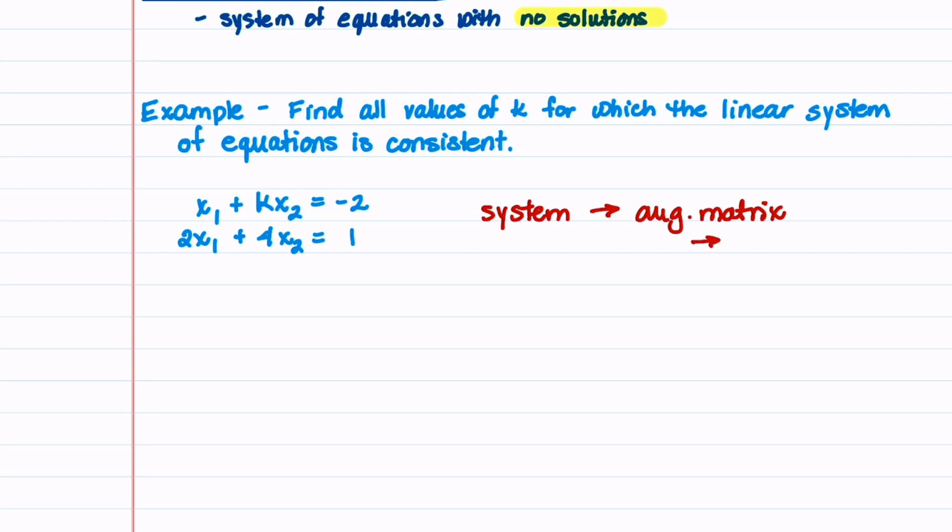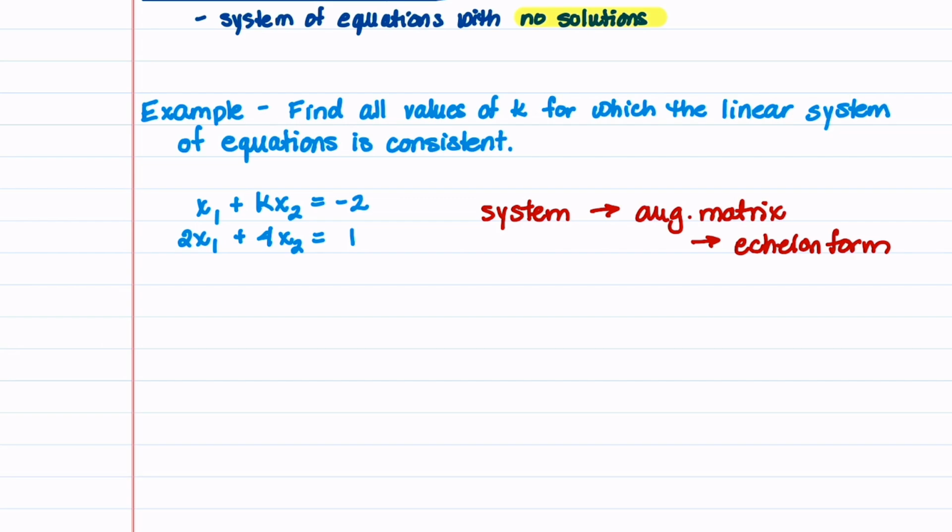And then we're going to put it in echelon form. Echelon form is used to determine if we have a solution, and then if we ever want to find what the solution actually is, we have to put the system in reduced echelon form.